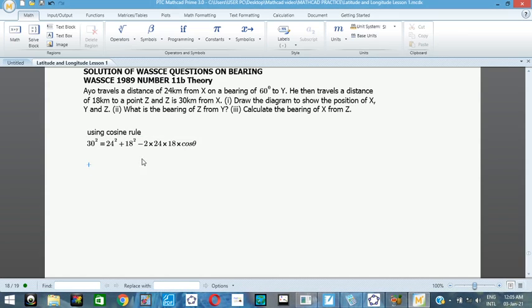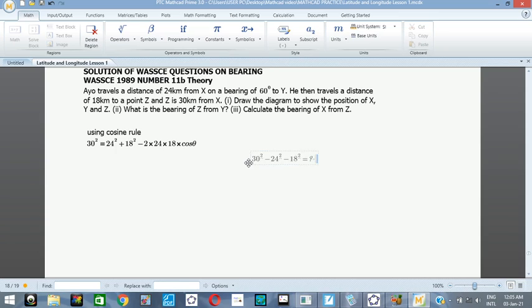If I simplify this, if I take 24 square plus 18 square to the other side, it becomes minus. Then we divide our result by 2 times 24 times 18. Let me just do that here fast without wasting time. So I'm taking 30 square minus 24 square, then minus 18 square.